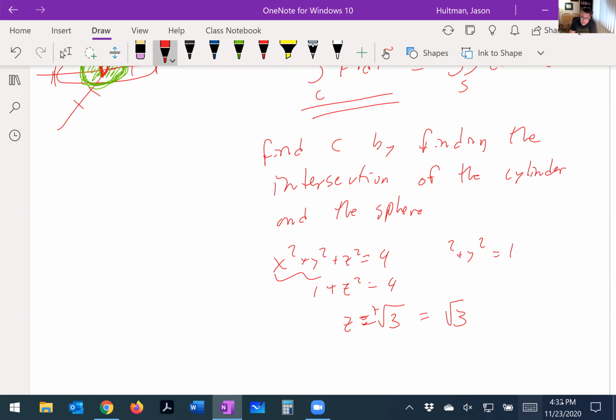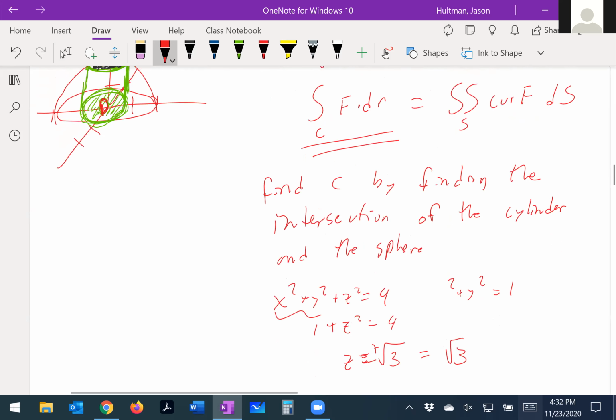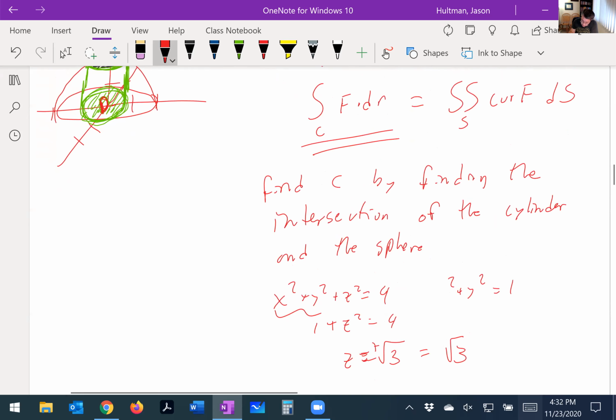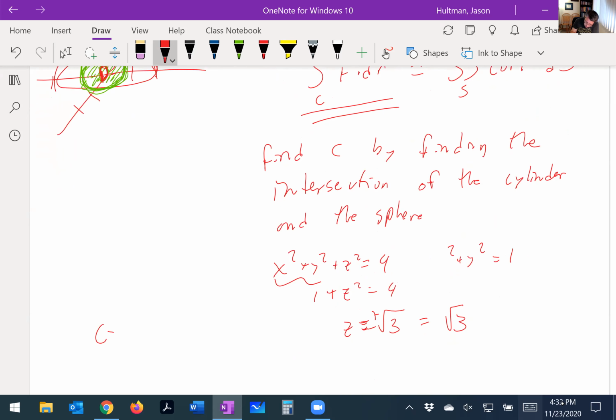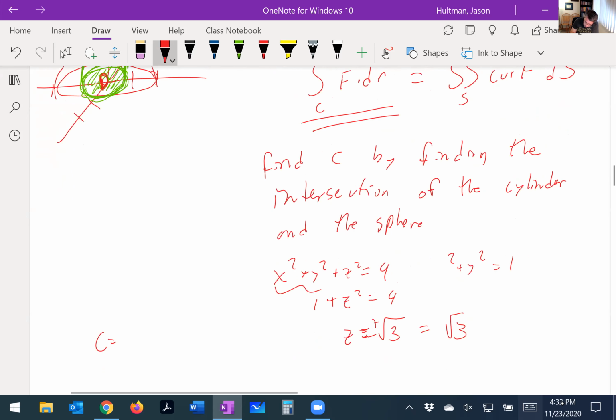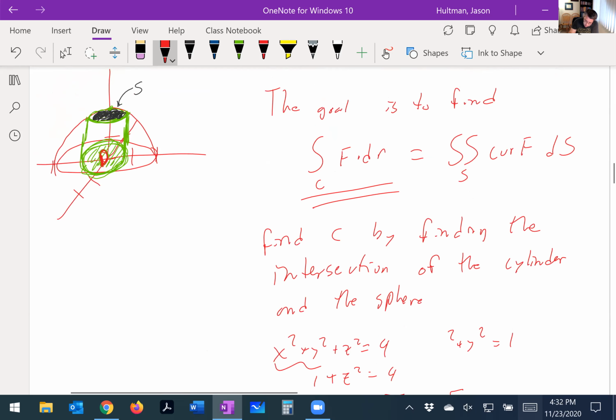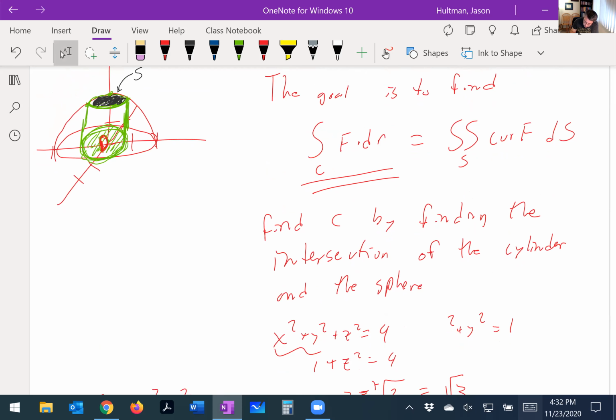So at z equals radical 3, these things intersect. Okay, so C is equal to that circle, x squared plus y squared equals, at z of radical 3, right?